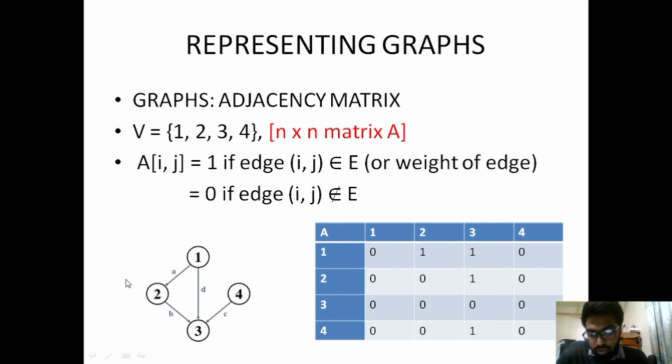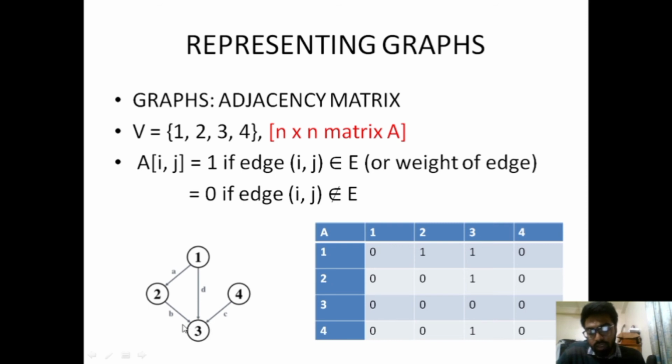In vertex 2 we can see that it has an edge there which is 2 to 3, so we will put 1 in the 2 3 position. We don't find any edge between 2 to 1, 2 to 2, 2 to 4, so we will put 0 there.